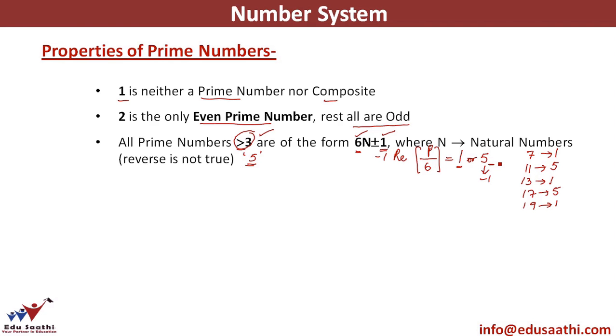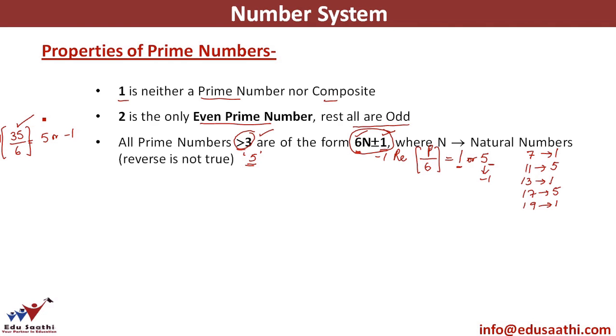But the reverse is not true. Every number following this rule will not be a prime number, but every prime number follows this. For example, look at 35. 35 when divided by 6 will give me a remainder of plus 5 or minus 1.